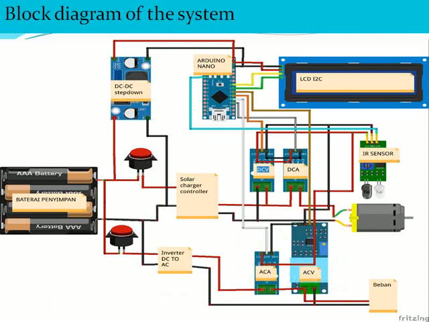All of the sensors will be directly connected to the microcontroller Arduino Nano. We connect these sensors to analog pins, both DC and AC, and we connect this infrared sensor to a digital pin.